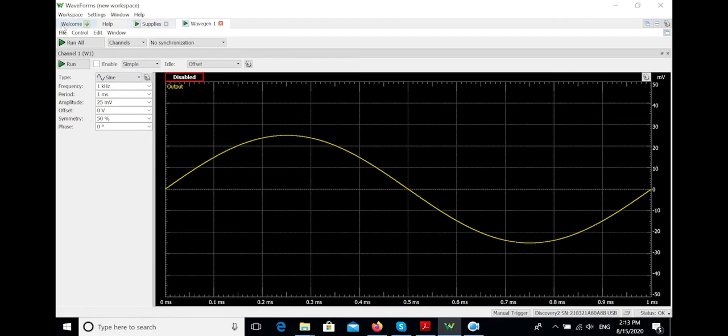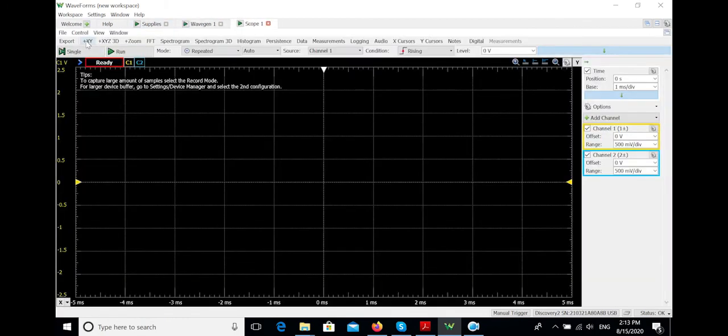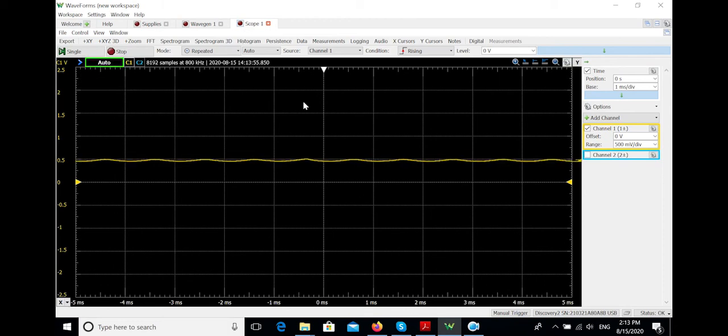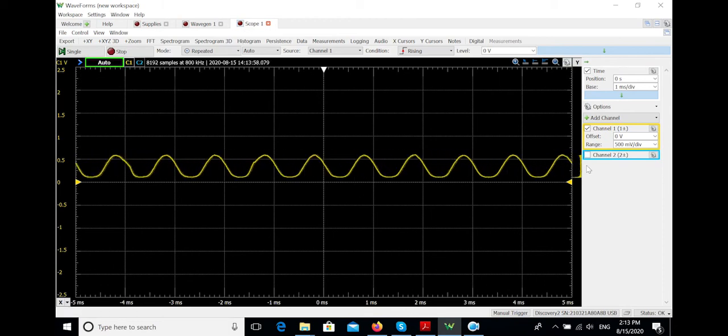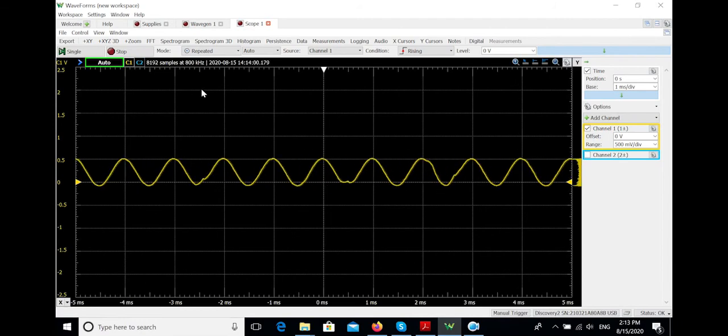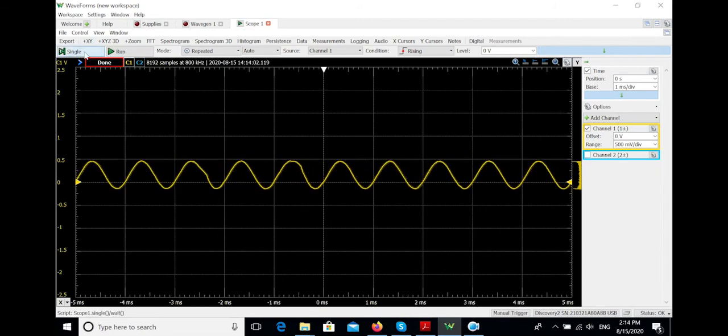Now we need an oscilloscope to see the output. We don't need channel 2, so we run the supplies, we run the waveform generator, and we run the oscilloscope. And then you press the signal and you do the necessary measurements.